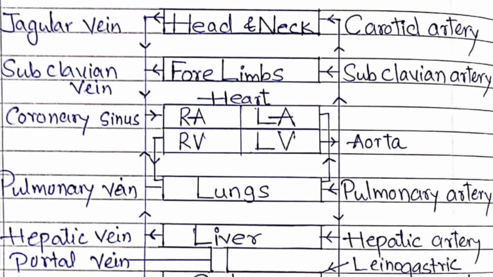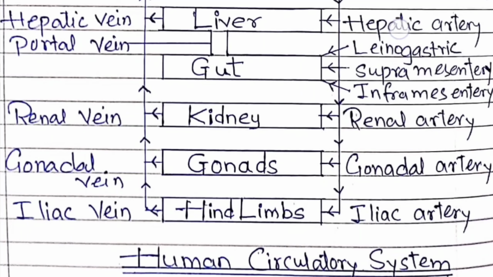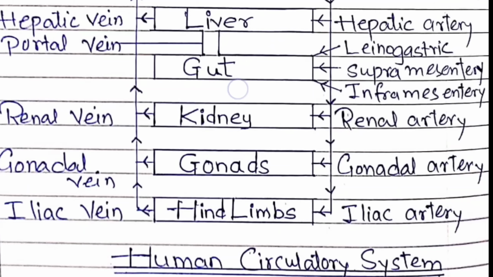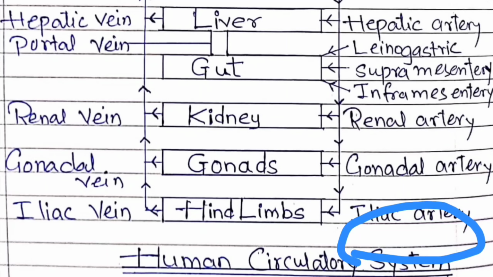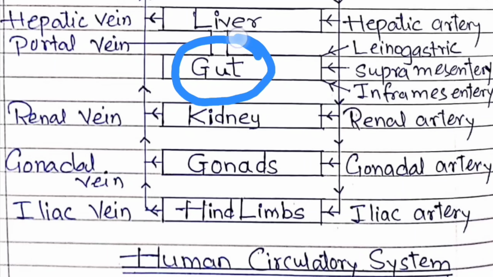But I've written here gut only. The gut is basically the gastrointestinal tract, or rather I'll be calling it an organ system level, because the gut is comprised of many different organs: the stomach, small intestine, and the large intestine.